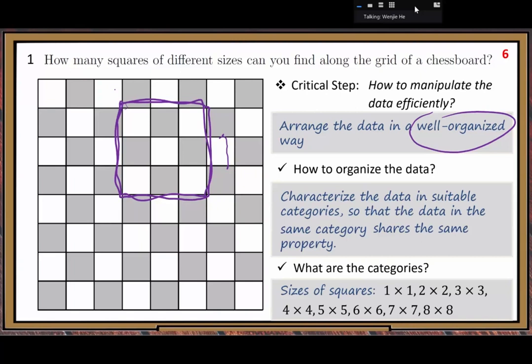So we should not stick to the location information. Location information is not important. We look at some quantity information, think about how many times 3 can fit in 8.